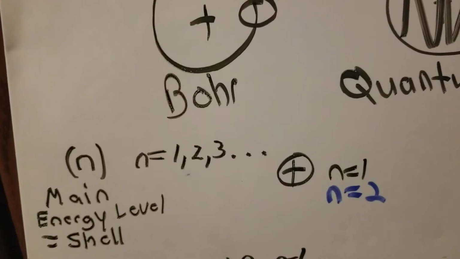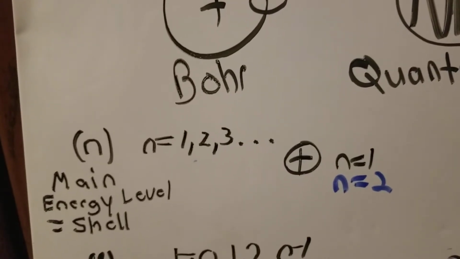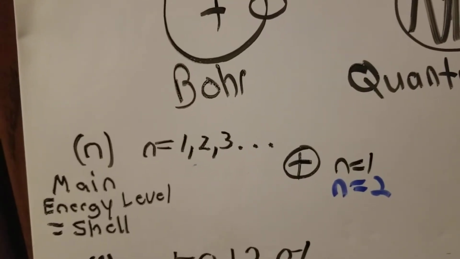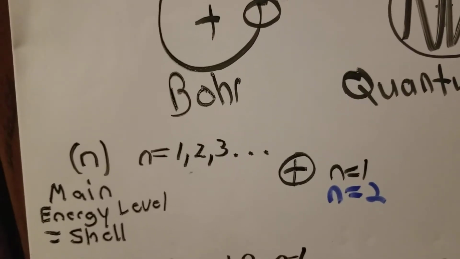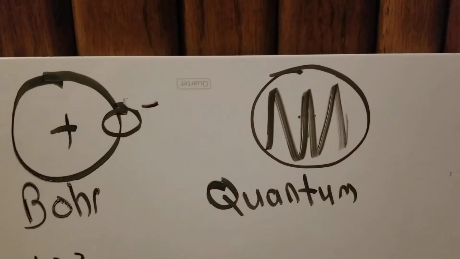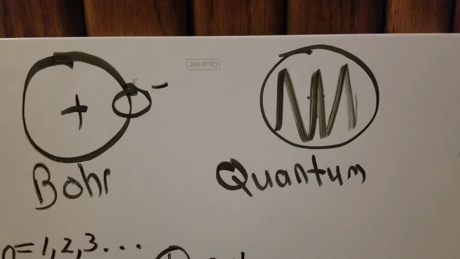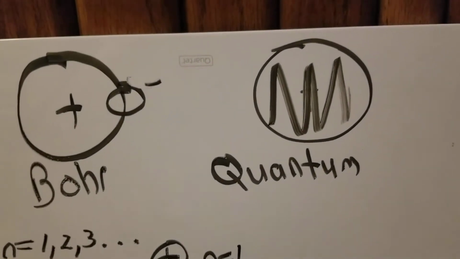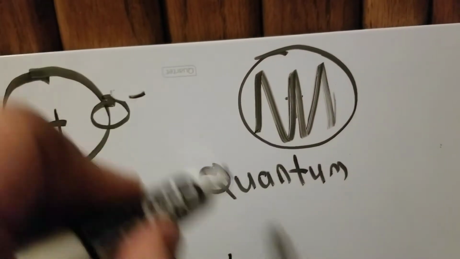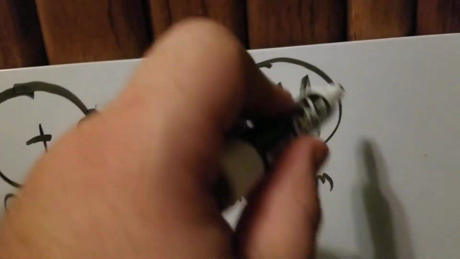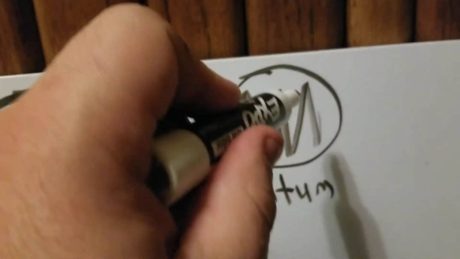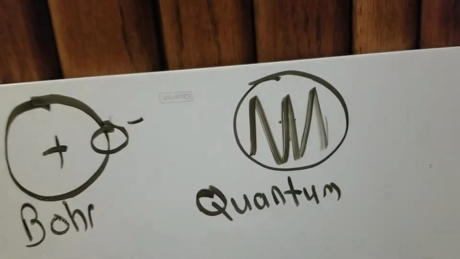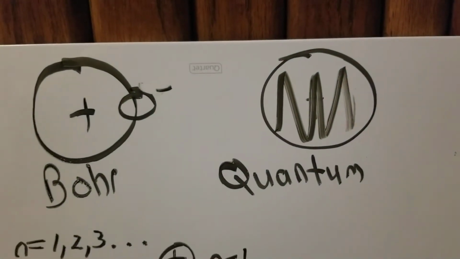N stands for any main energy level of that electron or the shell. So in our quantum mechanic version of the atom, we have an orbital shell in which the electron could be traveling anywhere within that three-dimensional space at any given time.